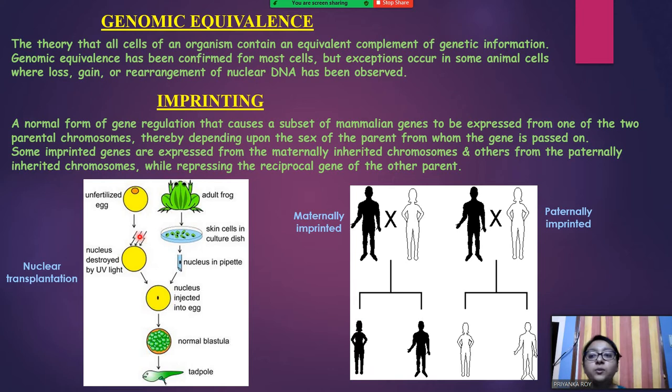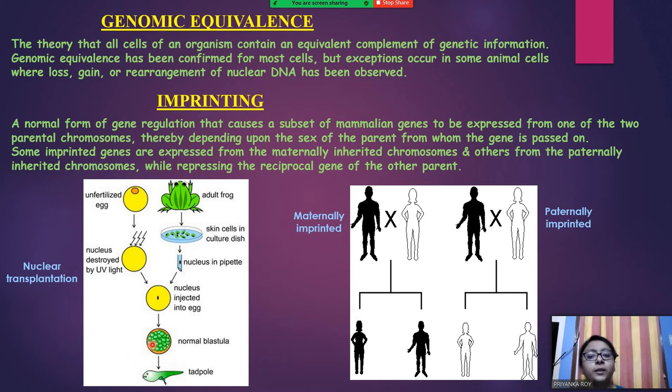So here you see an unfertilized frog egg. The nucleus is destroyed, and from an adult frog the skin cells are cultured, and the nucleus from the skin cells is injected into the unfertilized egg. This nucleus contains the genetic information of a frog. Now there will be a normal blastula formation and a tadpole will be formed normally.